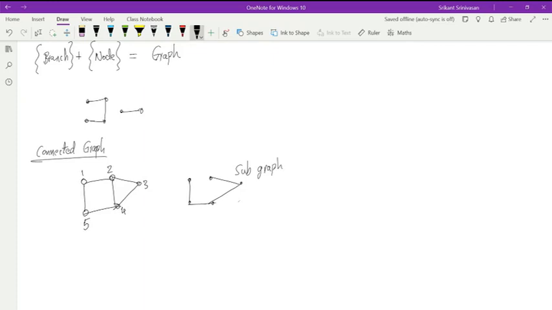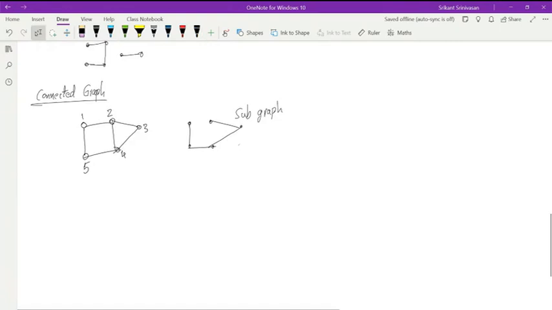Now, there are some definitions to keep in mind. That is, the first is, what is a tree? Okay. A tree is a subset of any graph such that all the nodes are connected only once.